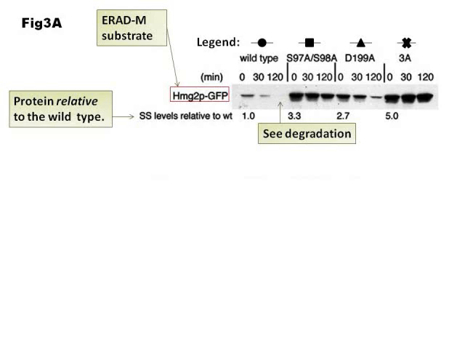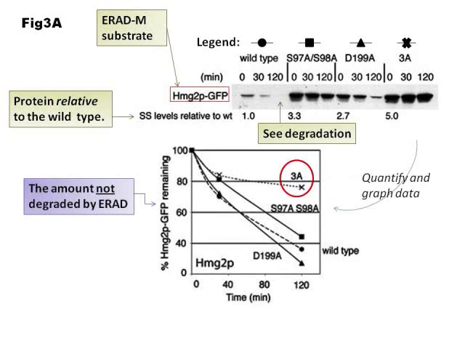Well, since HMG2P was tagged with a green fluorescent protein, the authors could quantify the amount of protein present in each by measuring fluorescence. The results can be visualized in the graph below, where you can see the rate of change of the amount of HMG2P protein remaining over time.